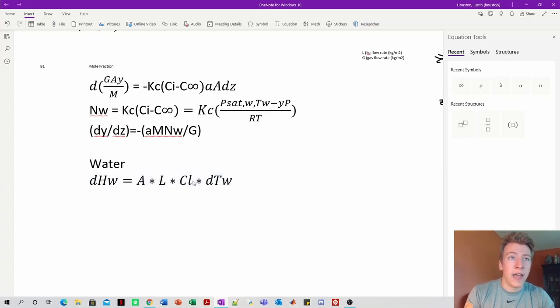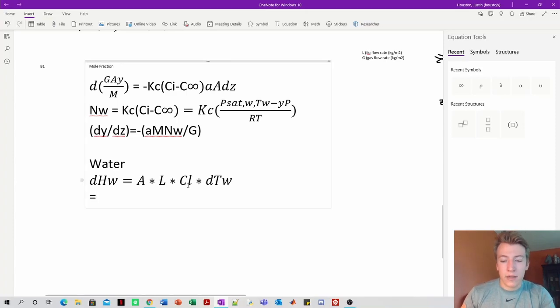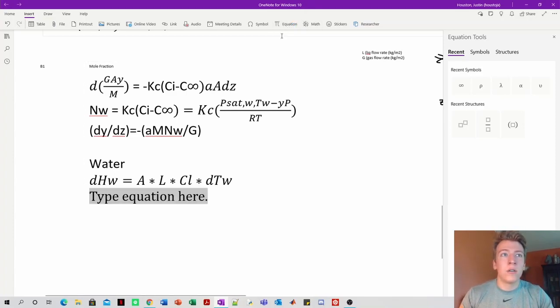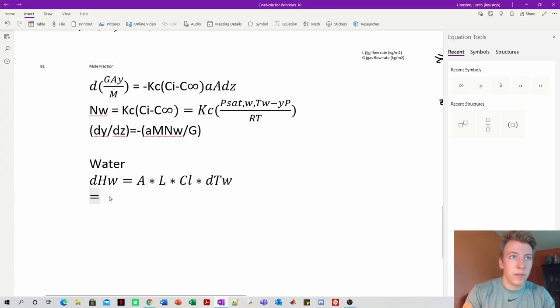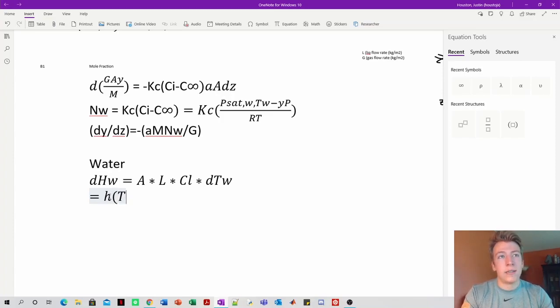So now that we have that, we can then carry on and say that this is all equal to, let me insert another equation, H, which is the heat transfer coefficient, times the difference in temperatures, which is temperature of the gas phase minus the temperature of the water.